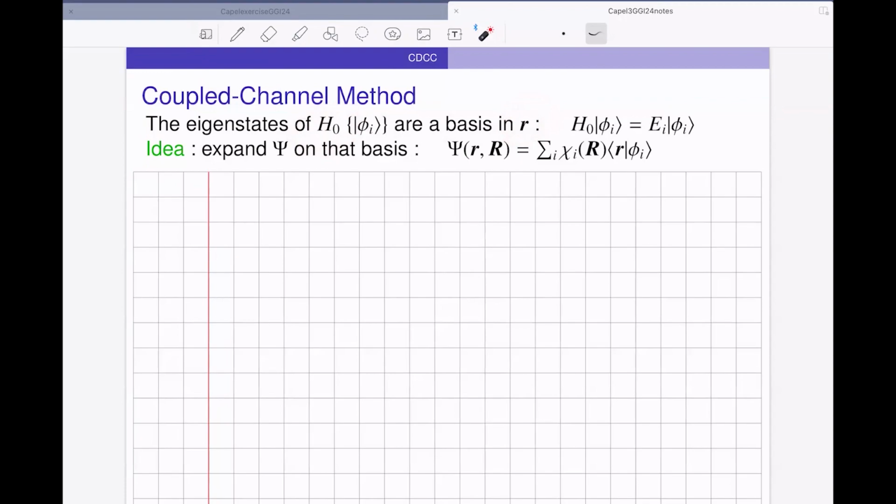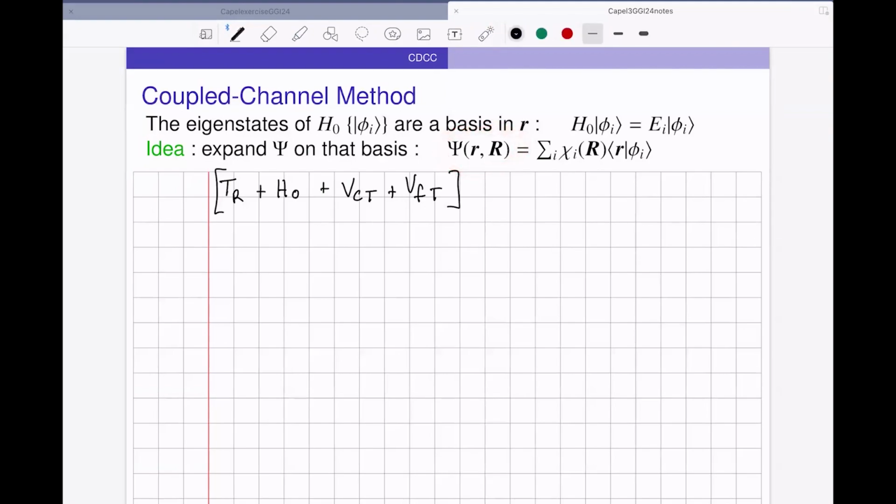So you expand the three-body wave function onto that basis, and that leads to these coupled equations. You have your kinetic term for the projectile-target relative motion. You have the Hamiltonian H naught of the projectile plus the interaction between the core and the target plus the interaction between the fragment and the target. And this three-body Hamiltonian acts on that three-body wave function.